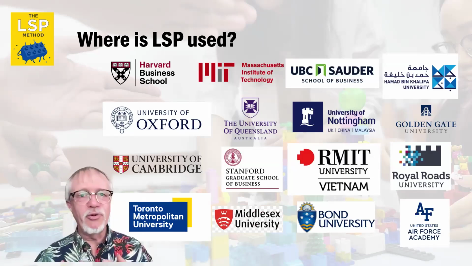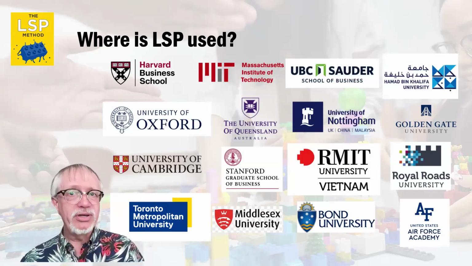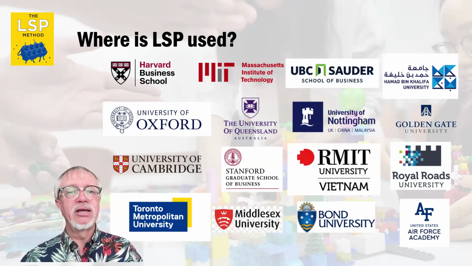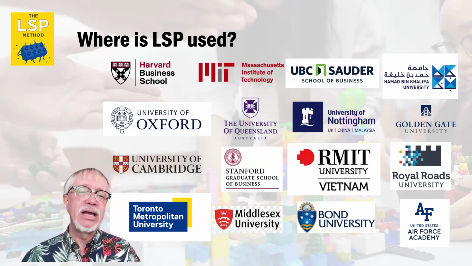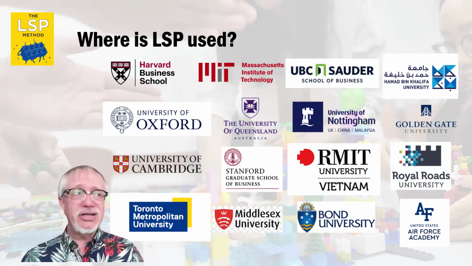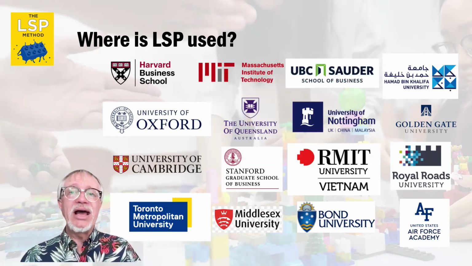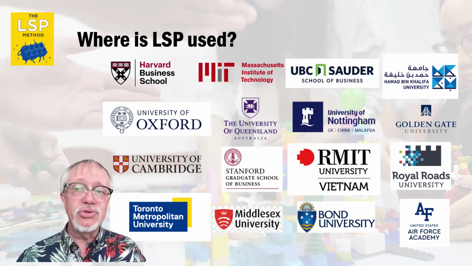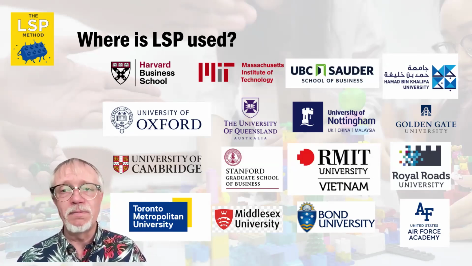This is part of where my initial interest came from, using Lego Serious Play within a university environment. This gives you an idea of some of the universities using it. We've got Oxford, Cambridge, MIT, Harvard Business School, they're all using this. And I don't see any reason why every university couldn't be using it. And schools, international schools, private schools are using it as well.